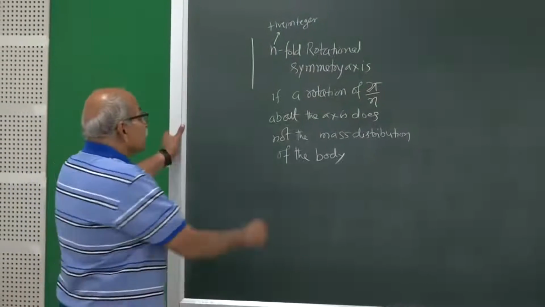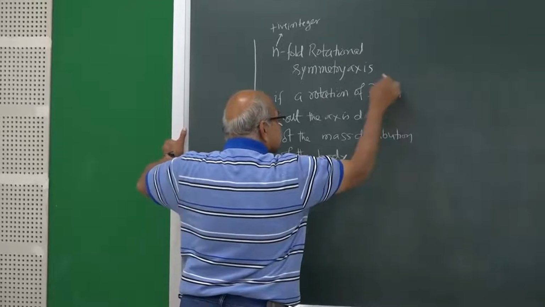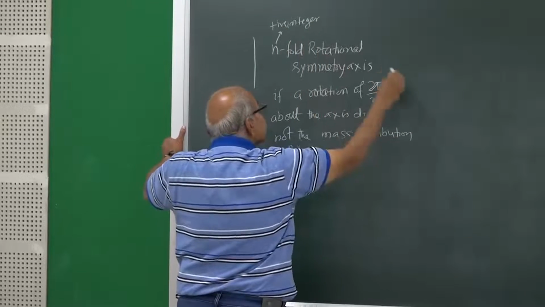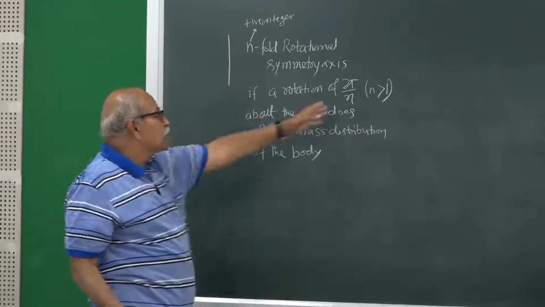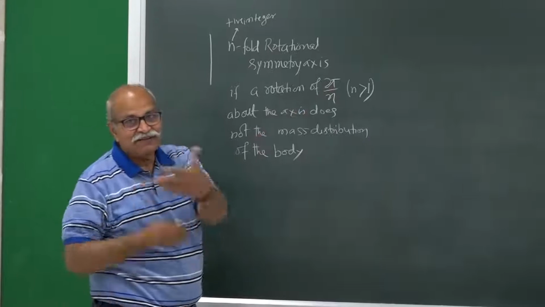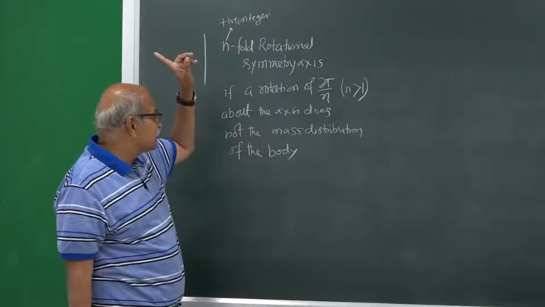All right. So, a rotation of 2 pi by n, with n a positive integer greater than 1, because if it is 1, you rotate by 2 pi and everything gets back to the same position, so that is not a rotational symmetry axis.